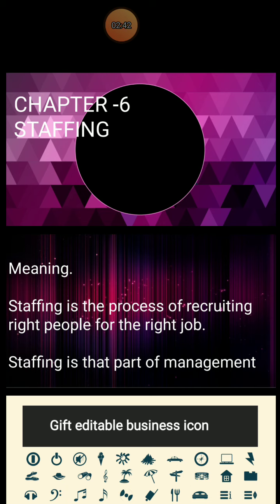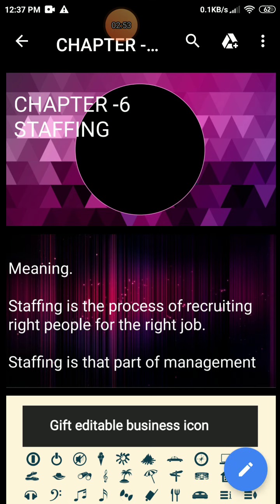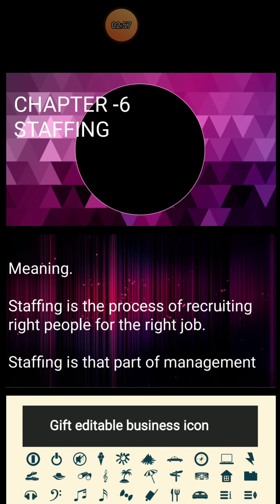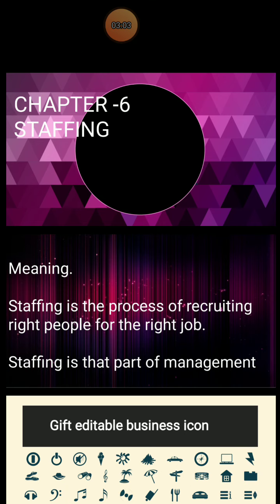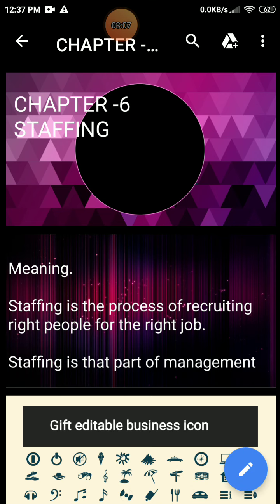Staffing, put in a very simple sentence, is choosing the right candidate to do the right job, let it be any sort of job. In big companies you have different divisions and departments, and you need to appoint many employees in each of them. You need a manager, an assistant manager, supervisors.